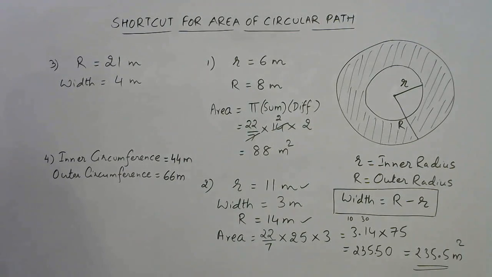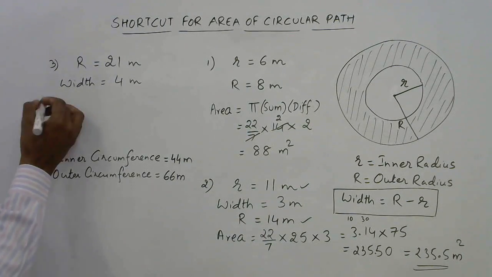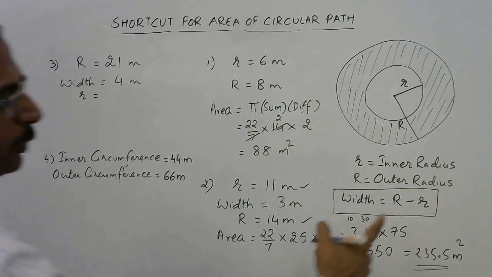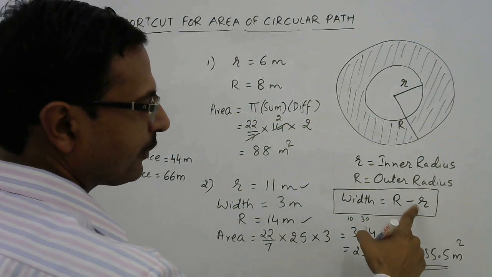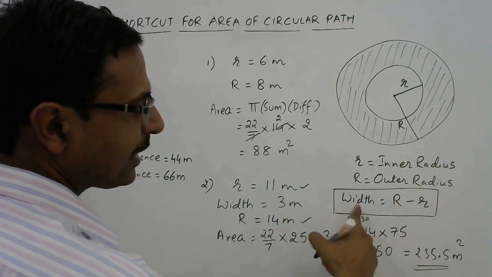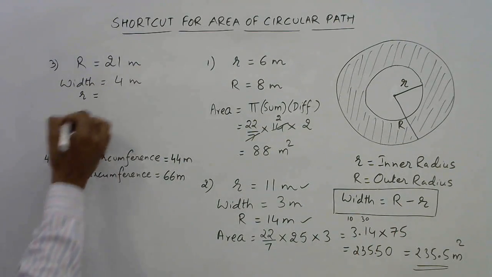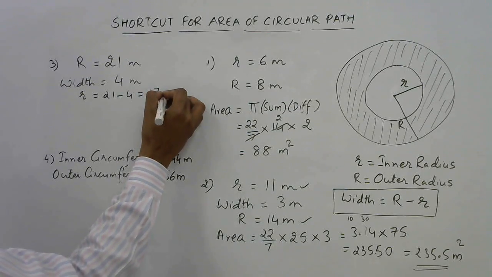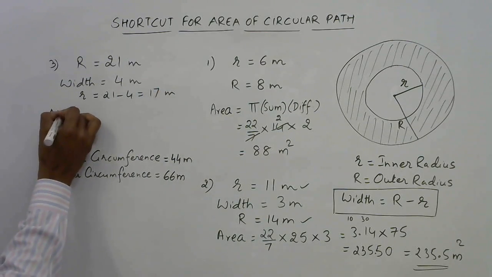Now come to the third part. Here we need to know the value of small r. How do you find small r? We have to bring this small r to this side. So this becomes capital R minus width. Capital R minus width, 21 minus 4, which is 17. And now you can find the area directly.